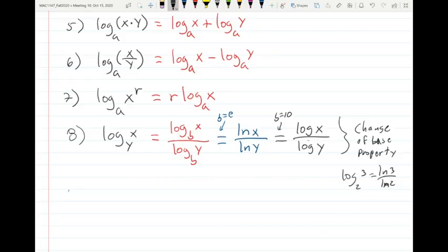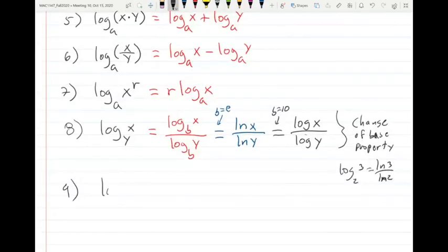All right, and then another property that's usually not shown in the books, but I want to show it to you because I mentioned it earlier today, is what if you have a power down here? So log base a to the k of x, and the point is that this is similar to number 7, but when you bring the power to the front, you have to flip it.